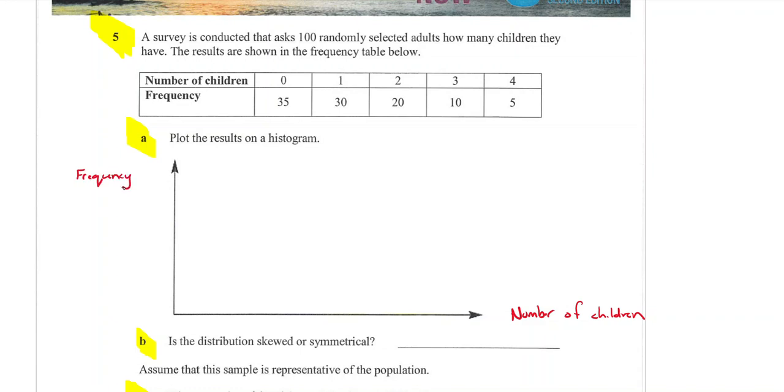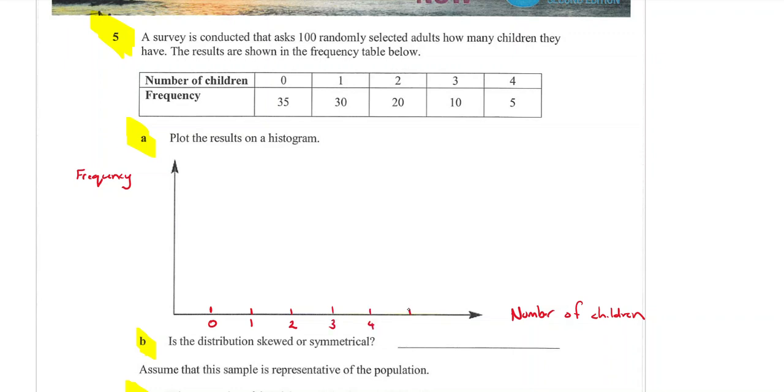Now, for this one, we should be using a ruler since there's no spaces measured for us. And when we look at number of children, we have from 0 up to 4. So you'd go space 0, another maybe 1 centimeter if you do have your ruler, a centimeter space, 1, 2, 3, 4.